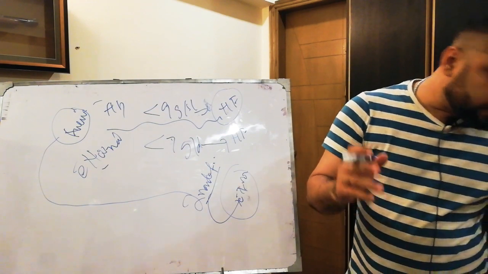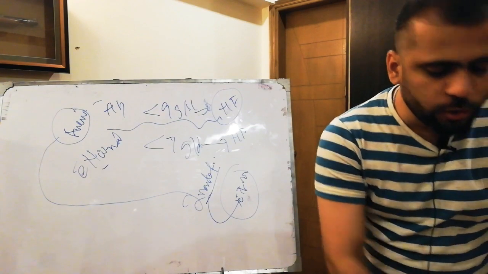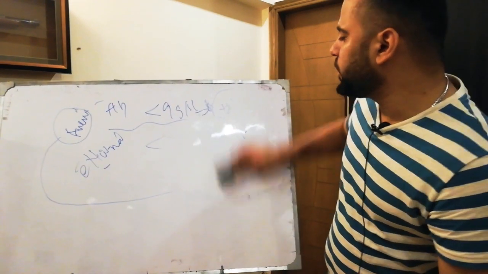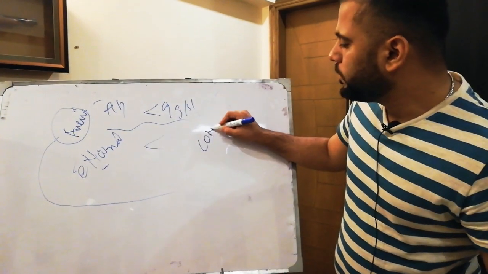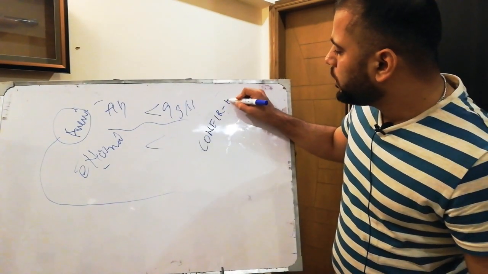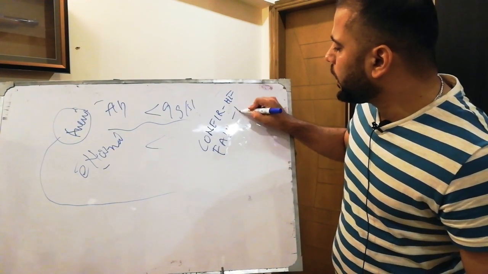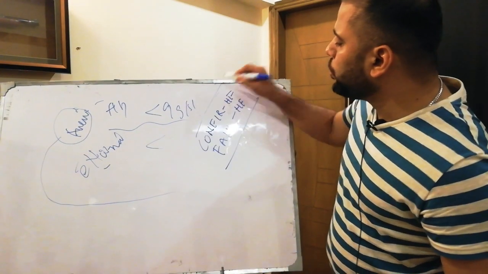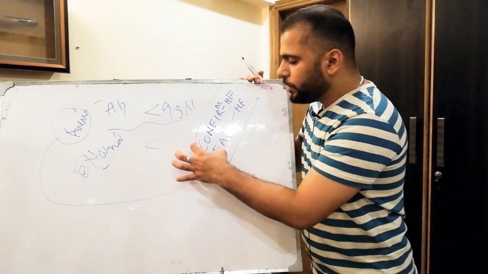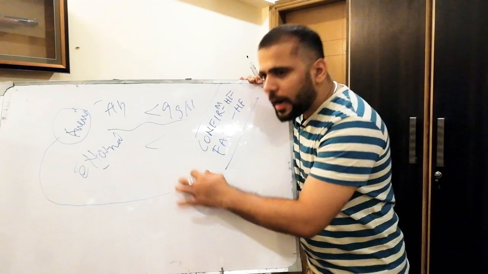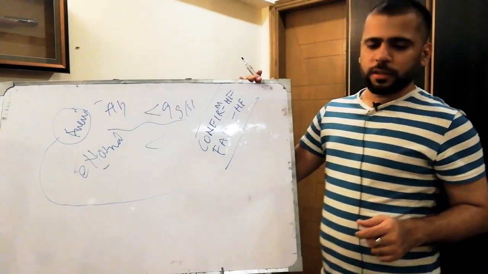So these are the 2 trials, FAIR HF trial and CONFIRM HF trial. These 2 trials support the use of iron in heart failure patients secondary to iron deficiency anemia.